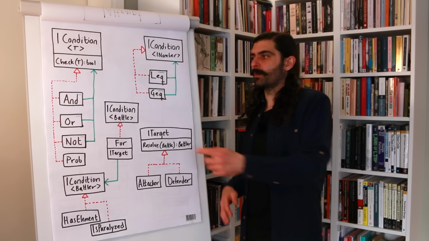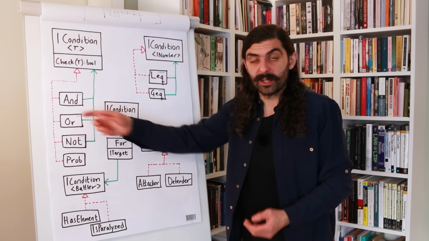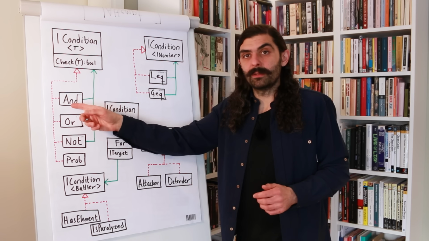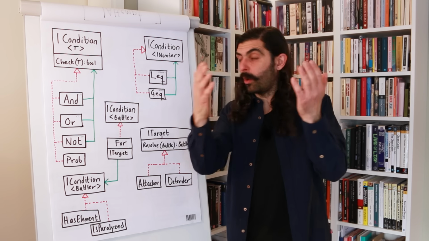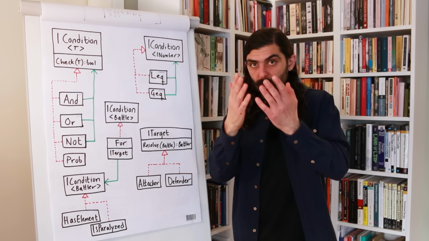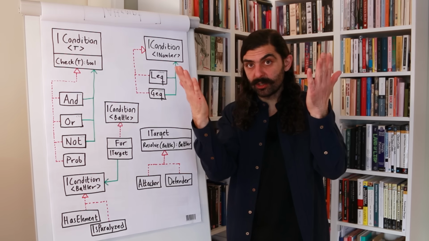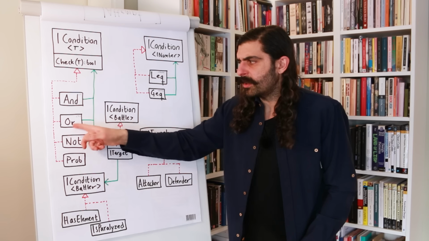And how do we chain them? We can chain them using logical operators, right? So what would be the implementation of and, for example? An and condition for the type argument t would have to contain 2 other conditions also for t, so that when you're calling check on the and condition, you would have to call check on both of these subconditions. And only if both of them report true, does the AND return true. And similarly for OR, right?